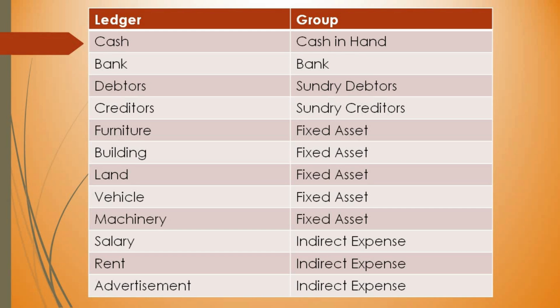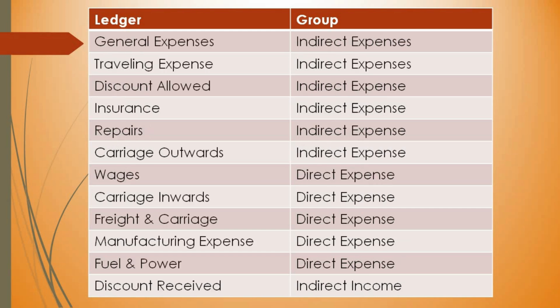Creditors, under sundry creditors. Furniture, building, land, vehicle, machinery, all these come under the fixed asset group. Salary, rent, advertisement, general expenses, traveling expenses, discount allowed, insurance, carriage outwards, all these come under indirect expense.